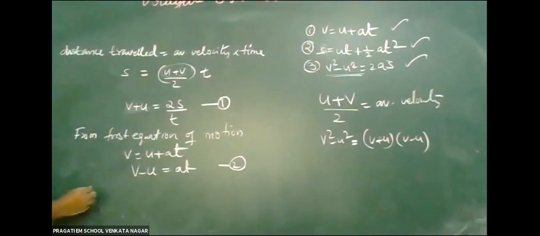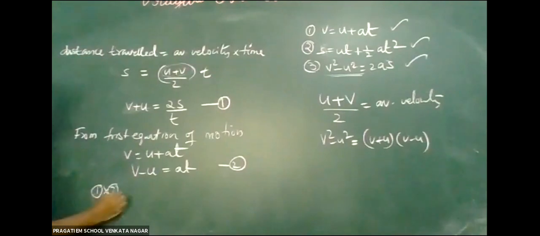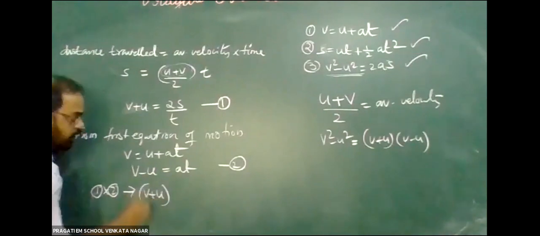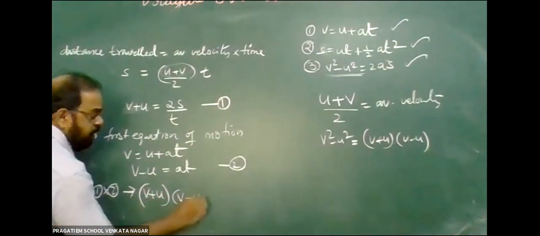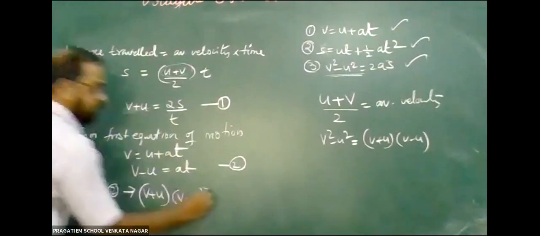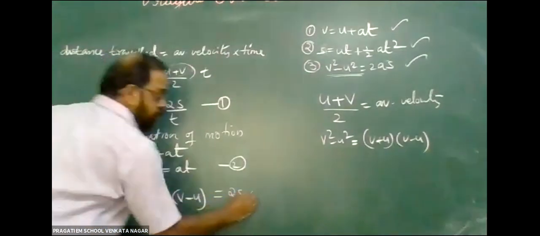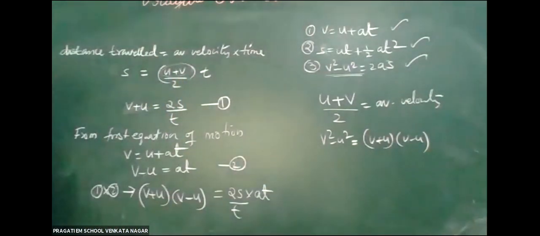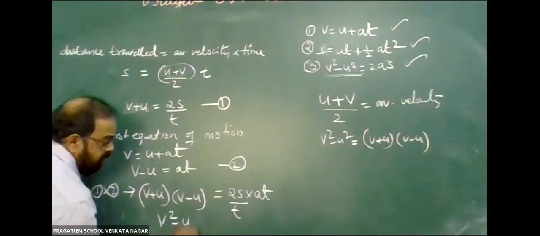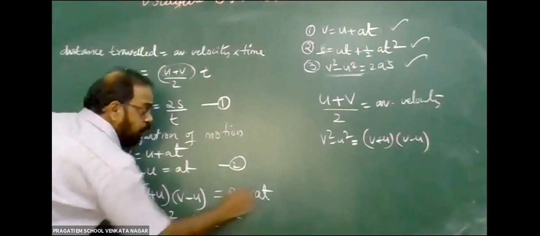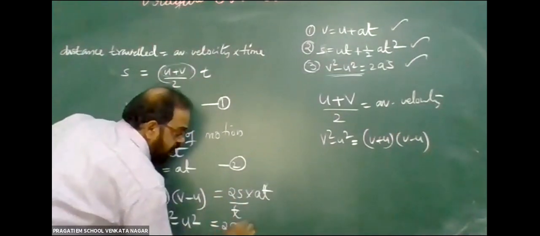Multiply 1 and 2. LHS: v plus u into v minus u. RHS: 2s by t into a. See, a plus b into a minus b is a square minus b square. So v plus u into v minus u is v square minus u square, equal to, t cancels, 2as.